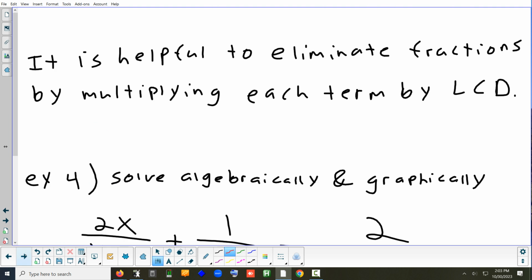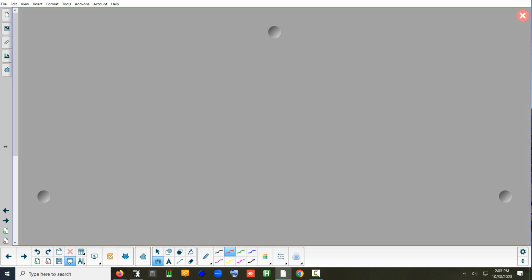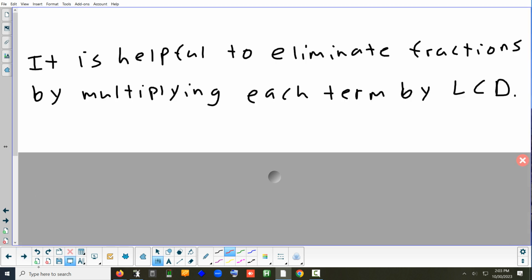All right, so let's try it. The way that we're going to solve problems with fractions is we're not going to solve problems with fractions. We're going to try to get rid of the fraction. I'll do it with numbers first, and then I'll do one with letters.